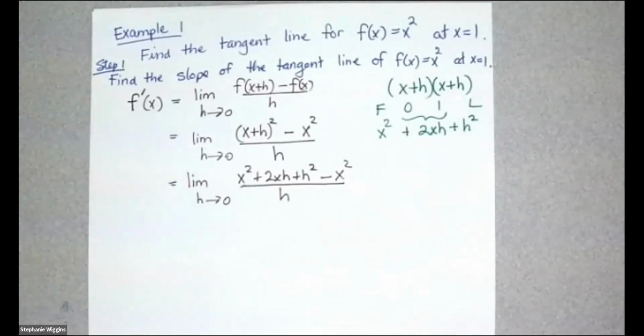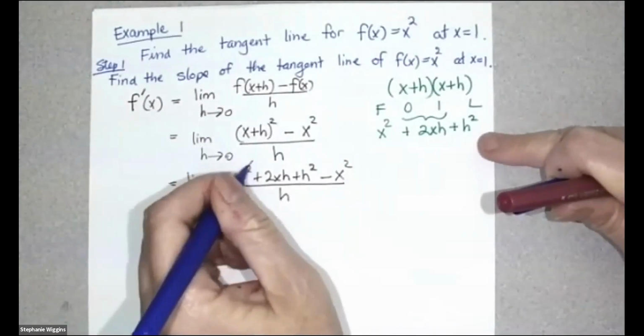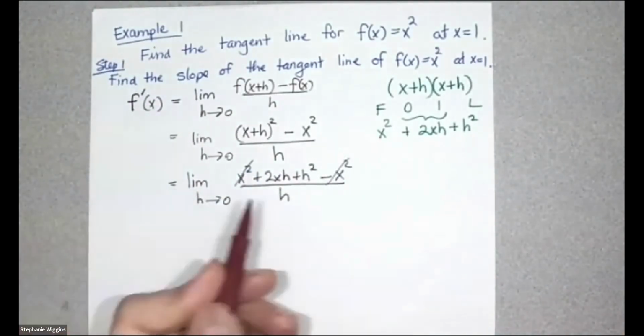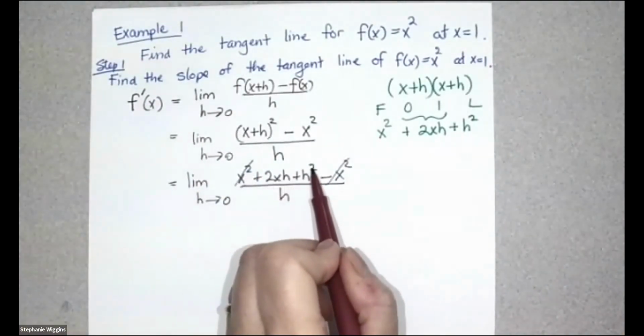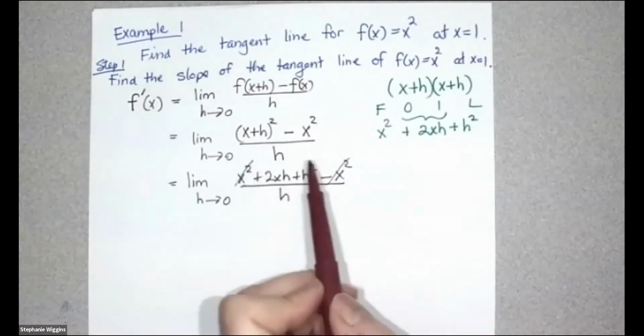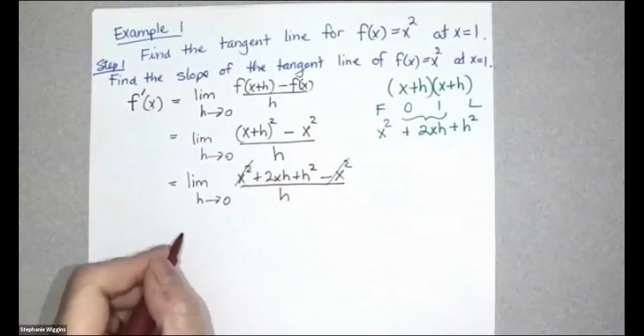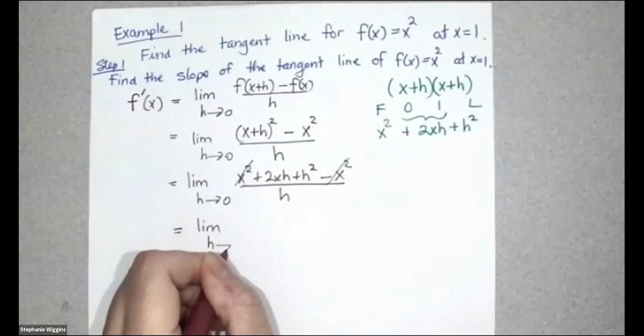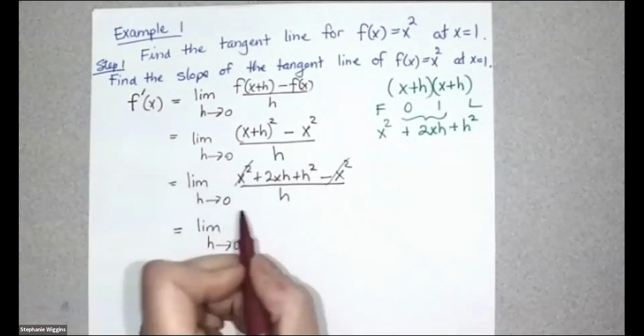So you'll notice the x squared minus x squared cancels. Those are 0. And we are left with 2xh plus h squared. But notice I'm dividing by h, and this has a common factor of h. So what I want to do is factor out the h from the numerator.